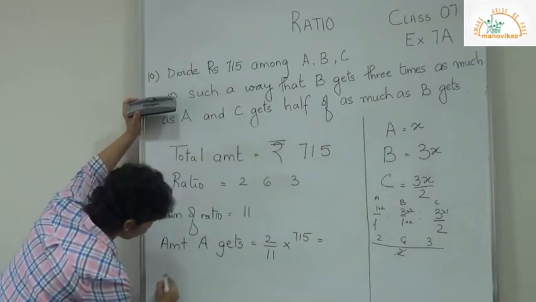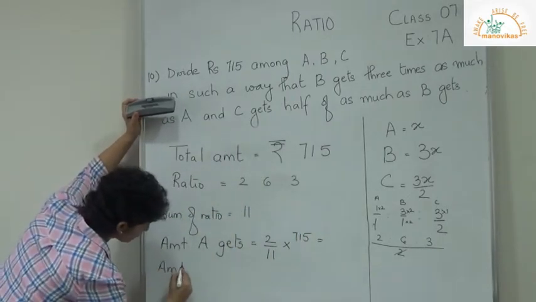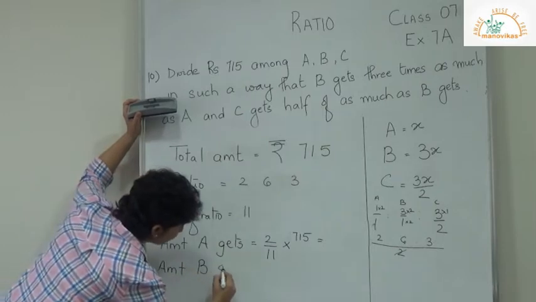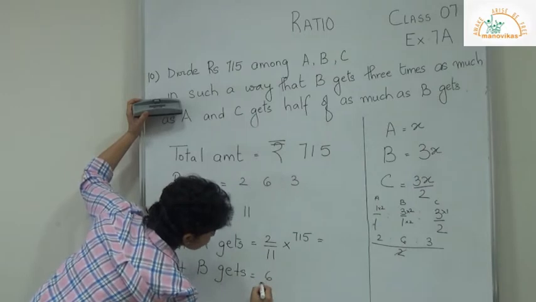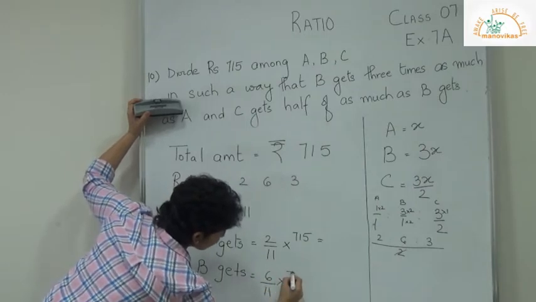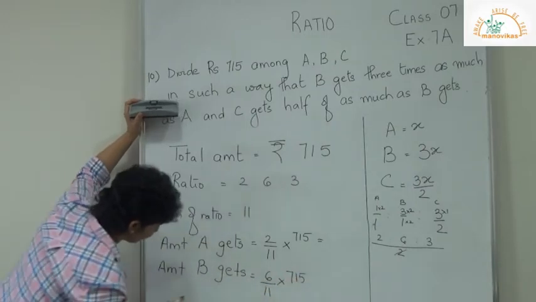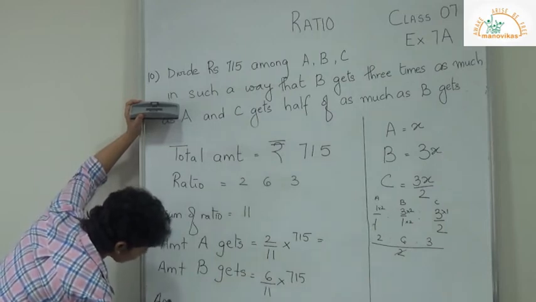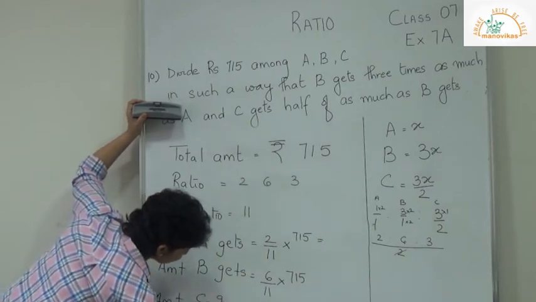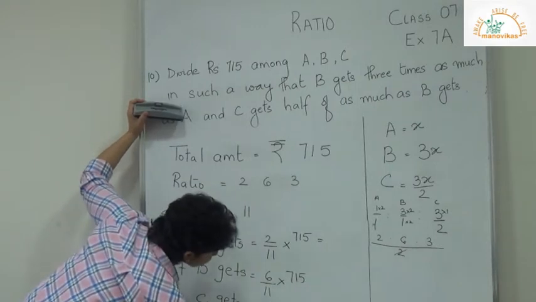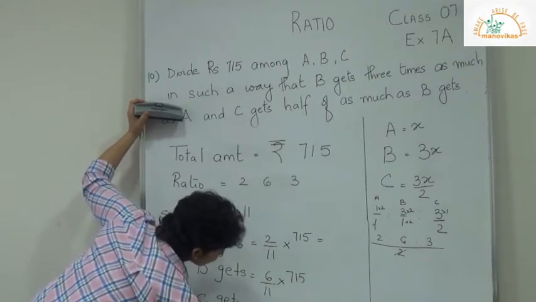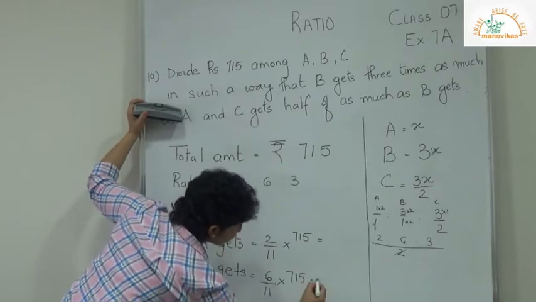Then the amount B gets is 6 upon 11 into 715, and the amount C gets is equal to 3 upon 11 into 715.